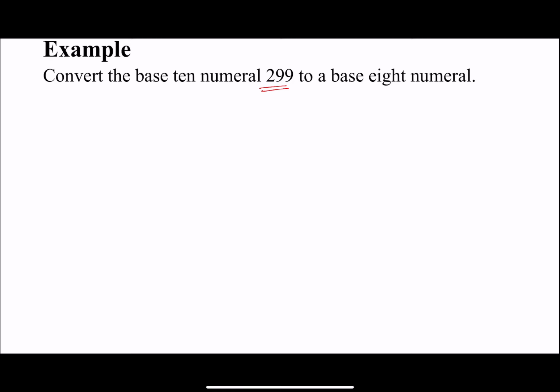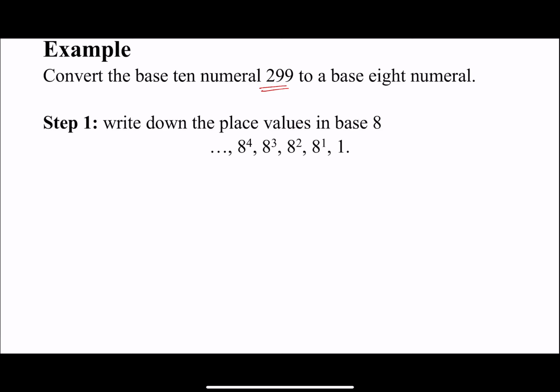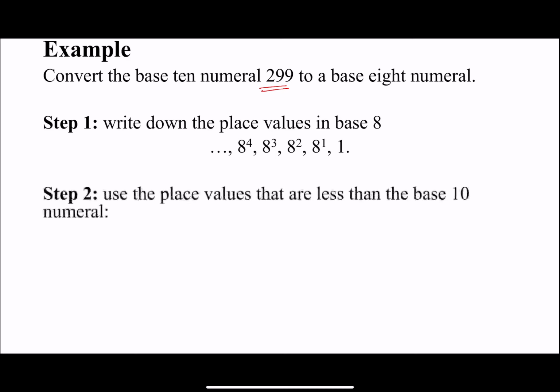First of all, we want to convert it to base 8, right? So I write down the place values in base 8. Here we go. 8 to the 0 is 1, 8 to the 1 is 8, 8 squared is 64, and 8 to the third power is 512.